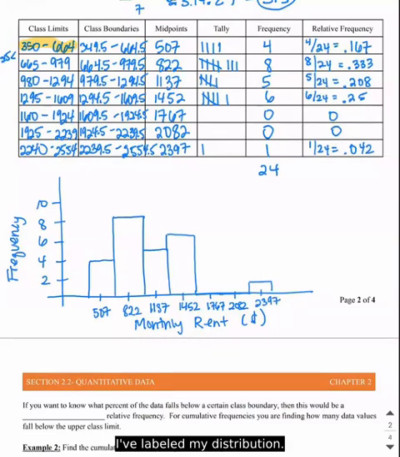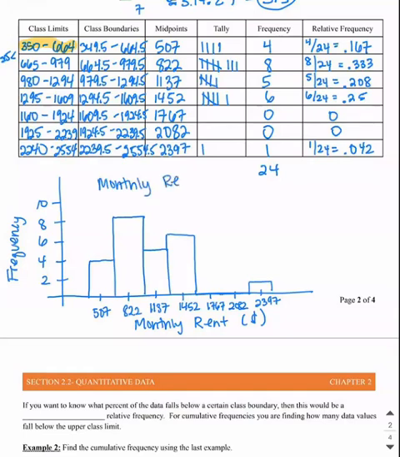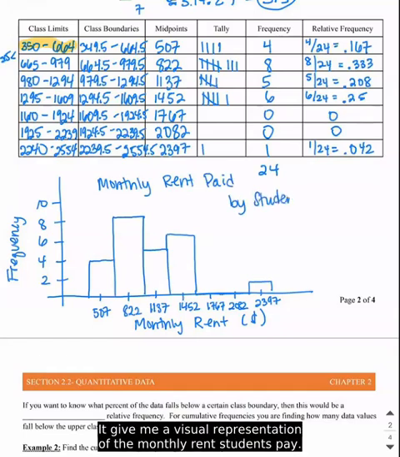So I've labeled my distribution, and then the last thing would be just to give it a title. So it could be the monthly rent paid by students. So it gives me a visual representation of the monthly rent students pay.